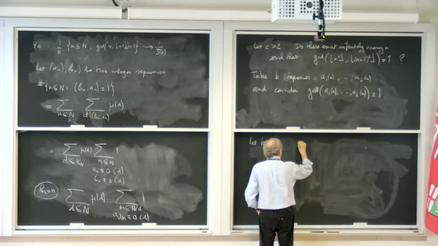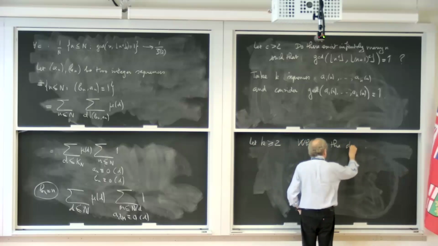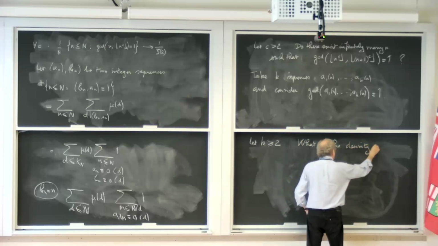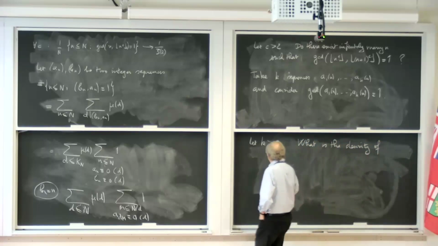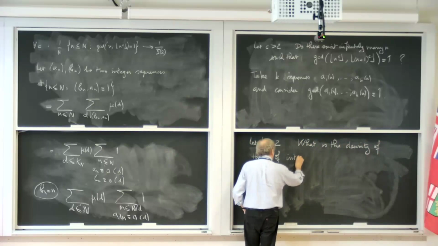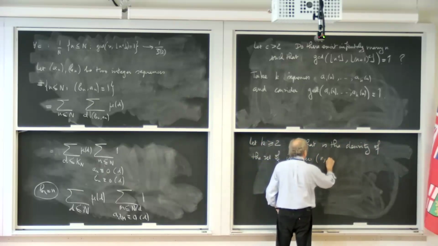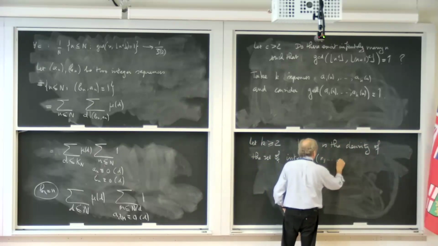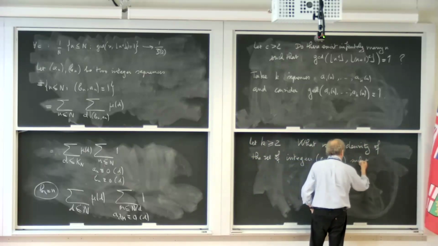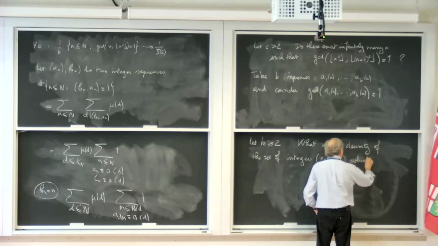What is the density of the set of integers n1 to nk which are pairwise coprime?